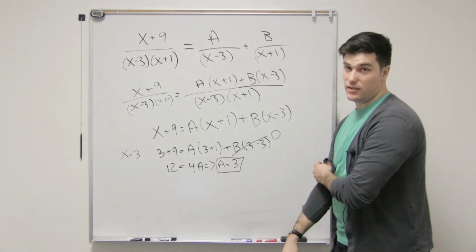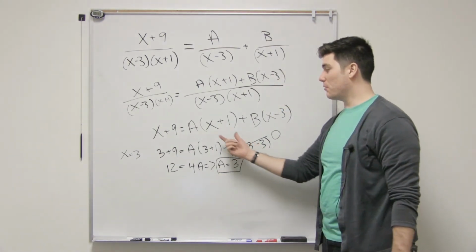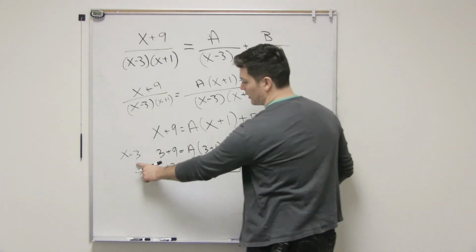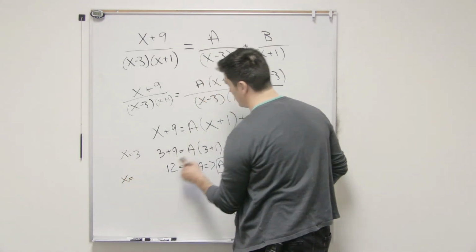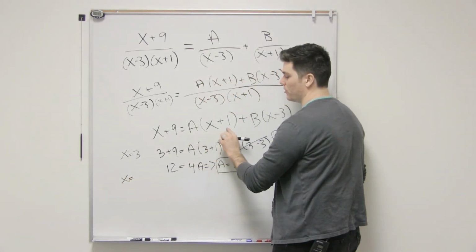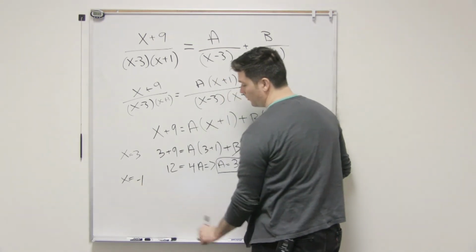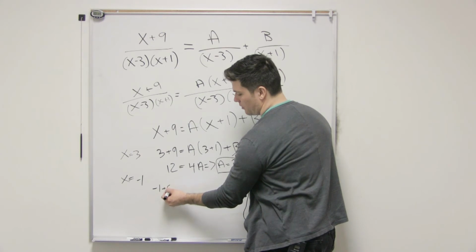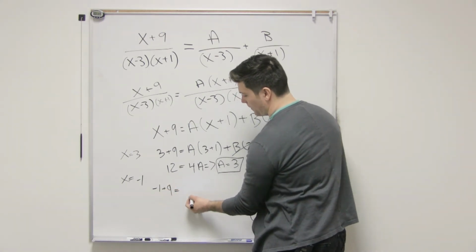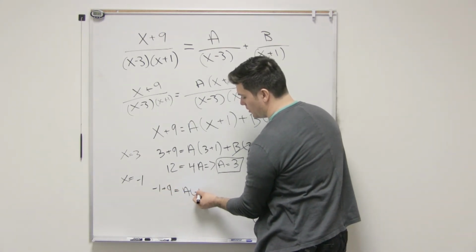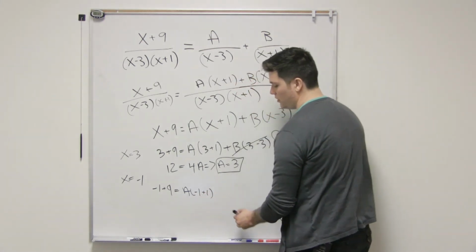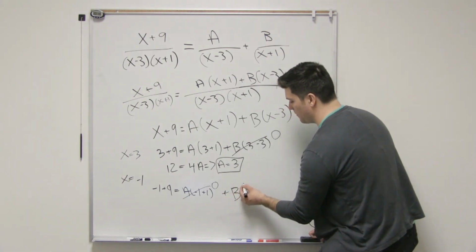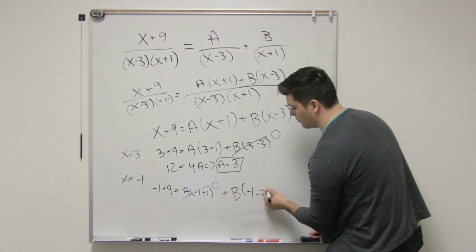Now to find b, we want to do the same thing, but this time we want the a term to disappear. So last time we picked x equals 3, now let's pick x equals -1, because -1 plus 1 is 0. So plug -1 in for every x we see. -1 plus 9 equals a times (-1 plus 1), so that's all 0, plus b(-1 minus 3).